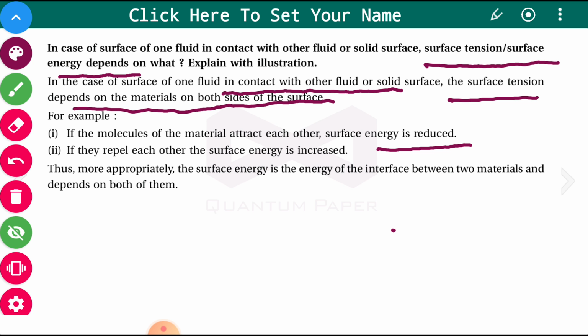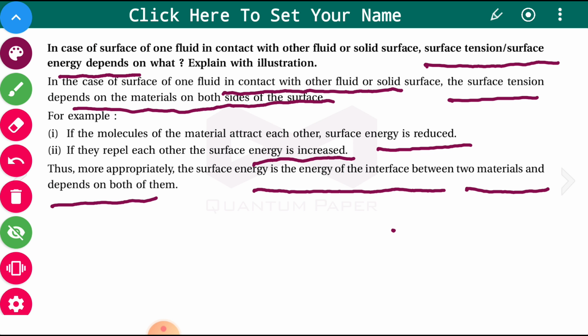If they repel each other, then surface energy is increased. Thus, we can say that the surface energy is the energy of the interface between the two materials and depends on both of them.